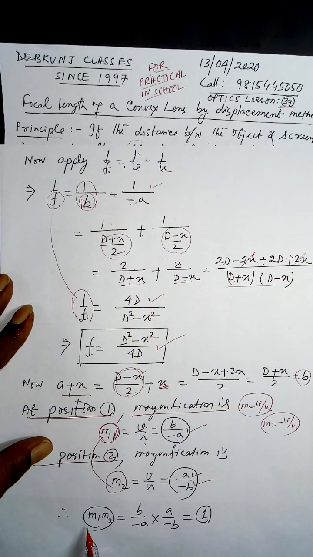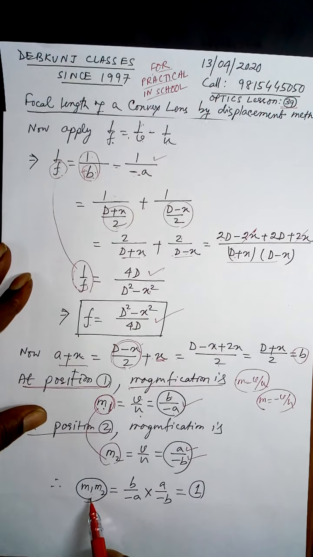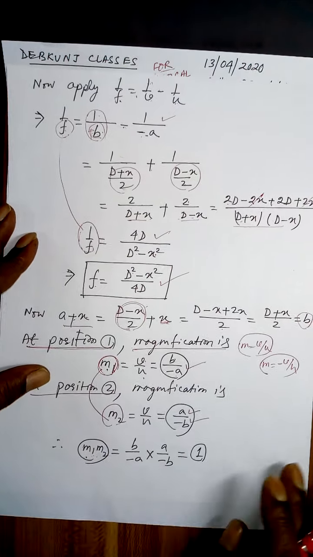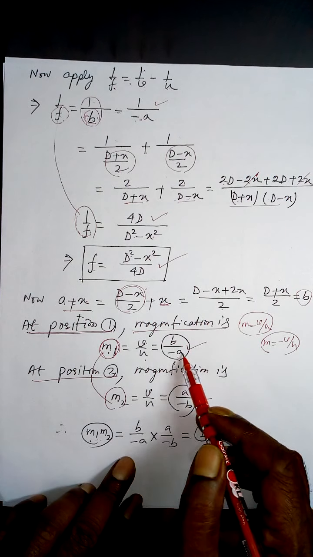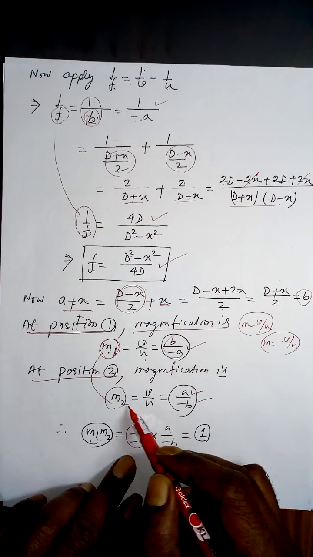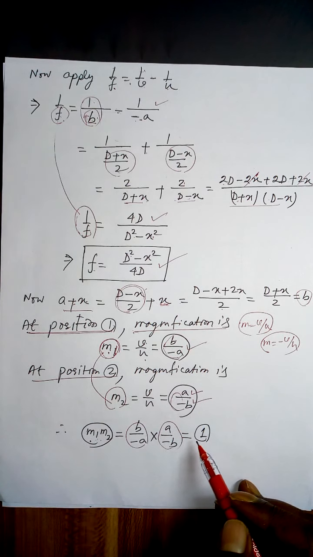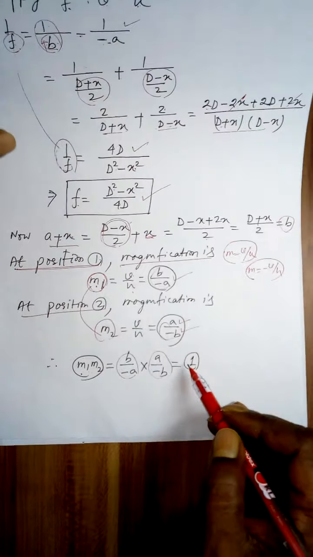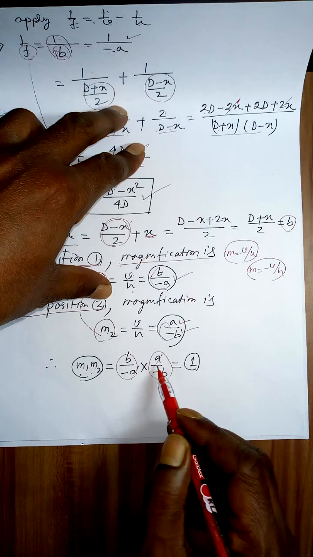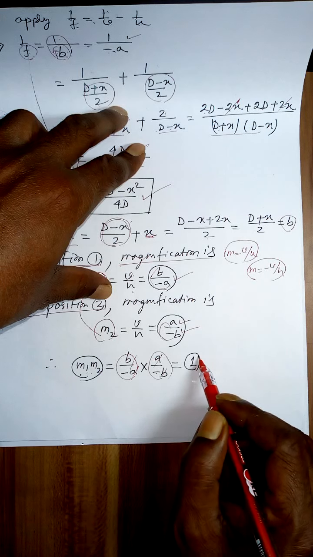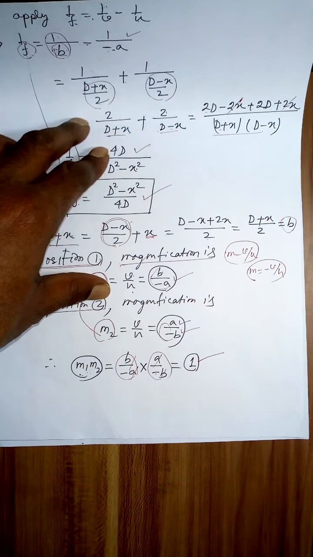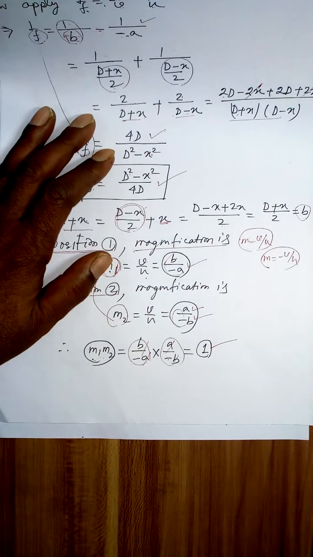I multiply these two, m1 into m2. By multiplying, m1 is this, m2 is this, so a cancels, b cancels, minus minus plus, so it is equal to 1. So the product of the magnifications m1 into m2 is equal to 1.